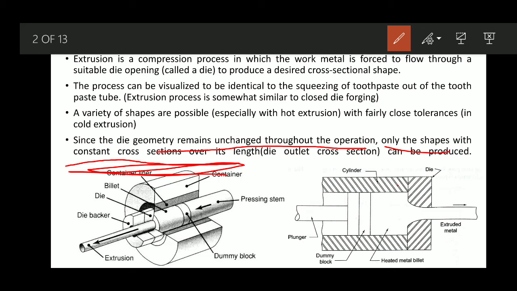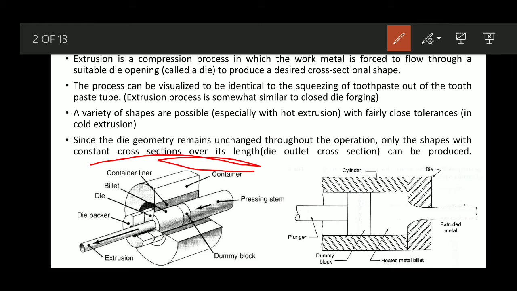We cannot change it in between. If we have to change it, the possibility is by changing the die. The die should have a different geometry, a different opening, and then we can expect a different geometry as the extruded part. Otherwise, throughout the process, we get parts with constant cross section over the length.